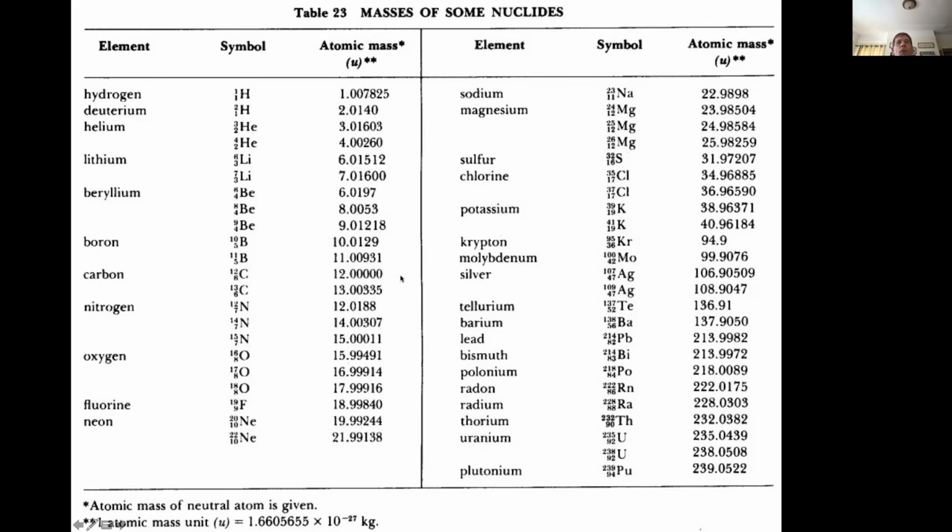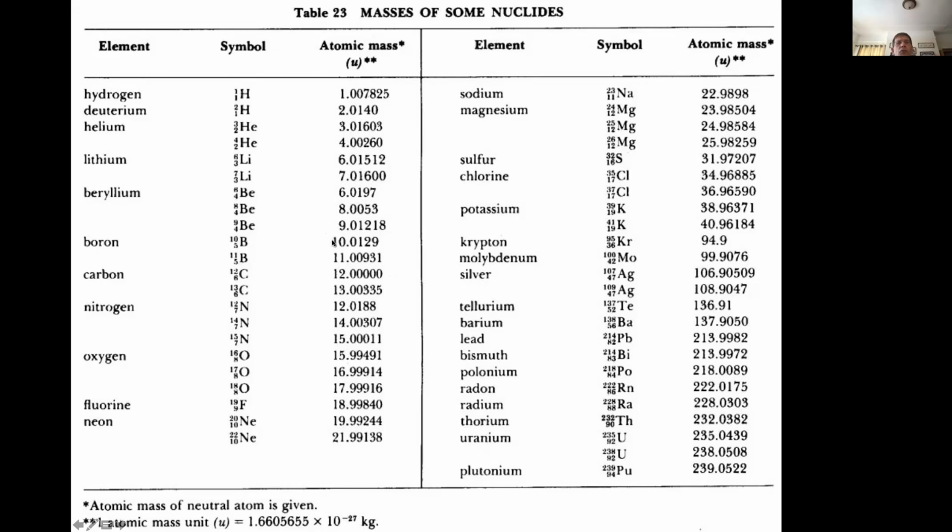Now, if I look at the nuclei lighter than carbon, boron-10 is 10.0129. So it's a number like 10, but slightly larger than 10, just a little bit.